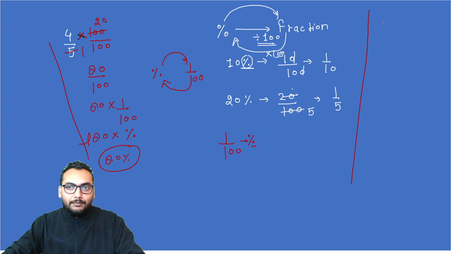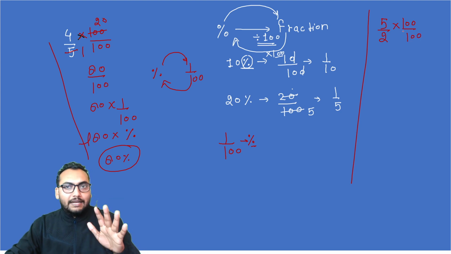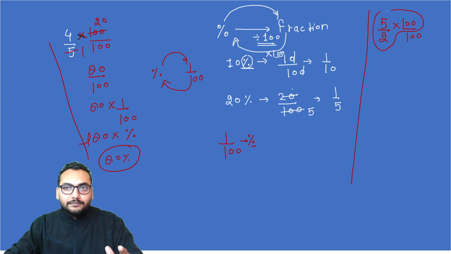For an example, I want to convert 5 by 2 into percentage. If I multiply and divide it by 100, overall I will use only these three things: this numerator, this denominator, and this 100, and the rest, 1 upon 100, will be converted into percentage.